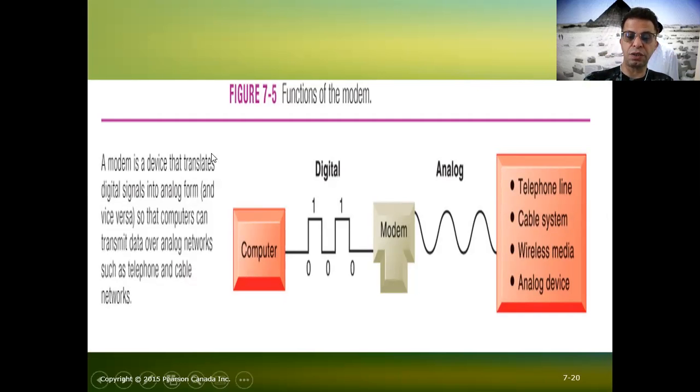When you're sending a message or a voice, the computer sends it as digital 1s and 0s, and then a modem converts it to analog and utilizes the telephone line, cable system, wireless media, and devices. In the end, the receiver could be another computer, with another modem on the end, which switches the analog back to digital for the computer.